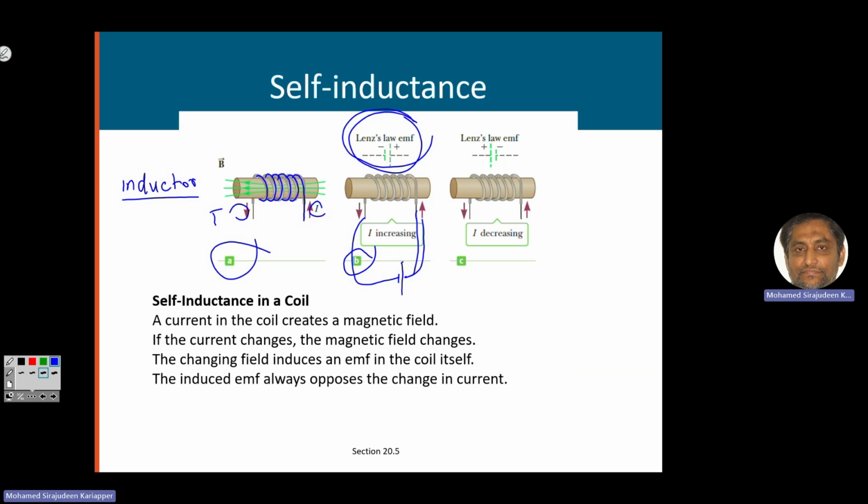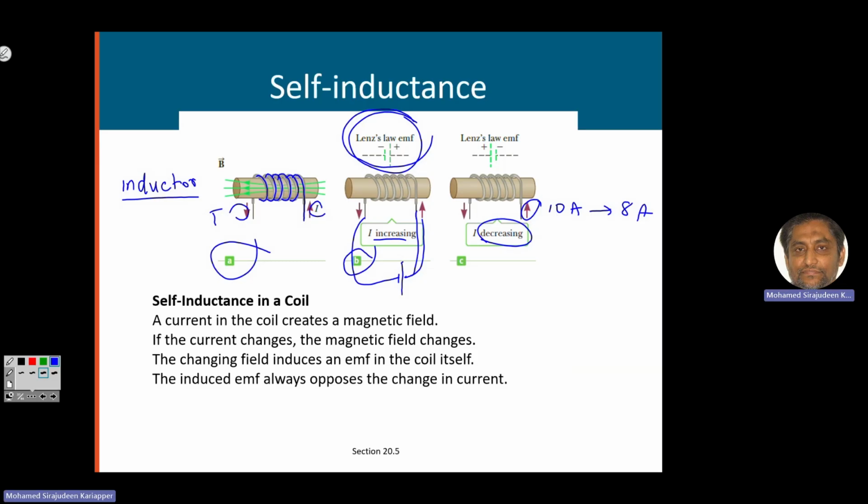The change can happen not only by increasing; you can also make the change by decreasing the current. Say the current is flowing like that, 10 amperes, then after some time it becomes 8 amperes. Again, it doesn't like it.